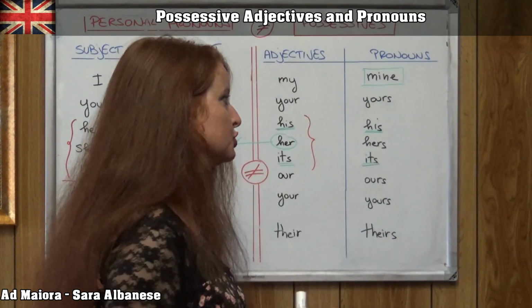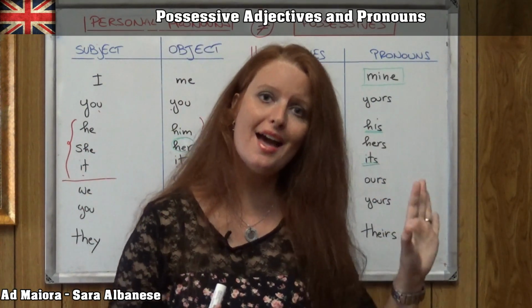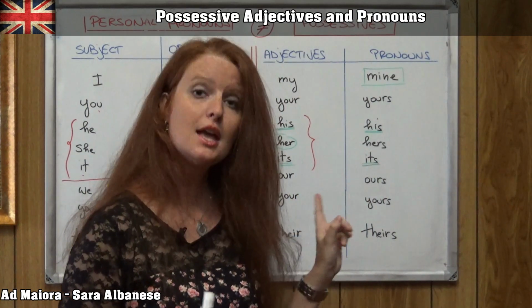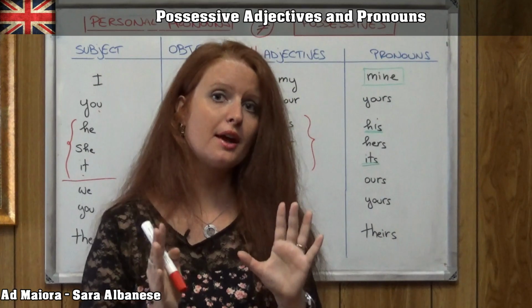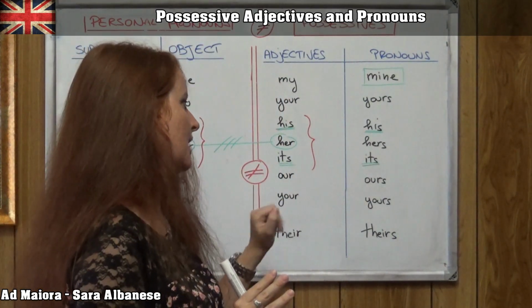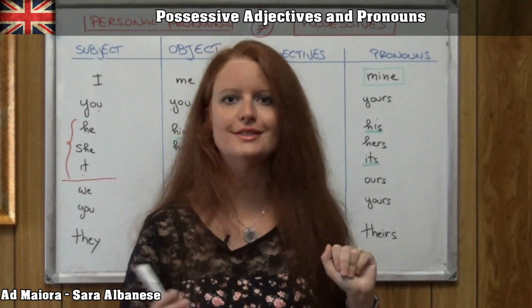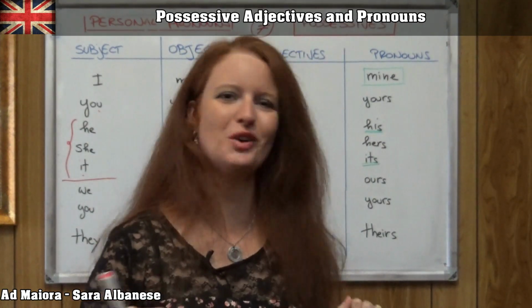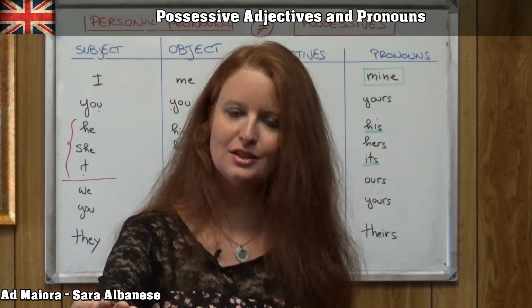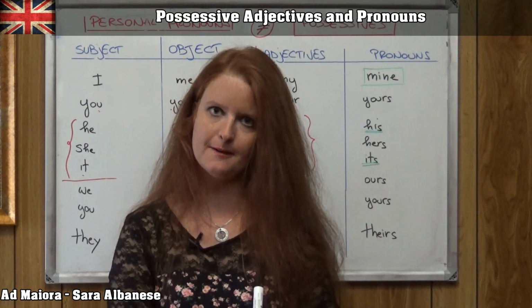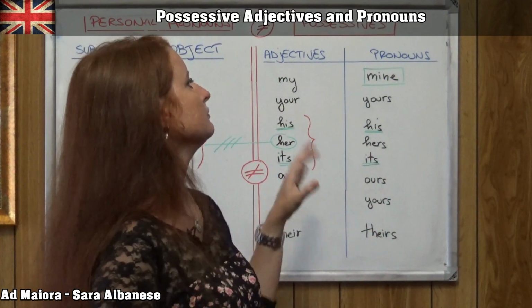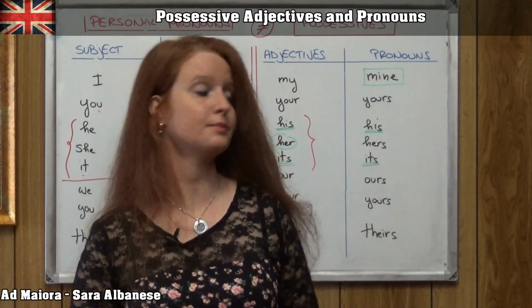For all the others, you just have to put an s at the end of the adjective, but you have to pay attention, because if this s is already present, as in his and in its, you won't add another one. You won't have a double s at the end. You just leave it as it is. So, my becomes mine.